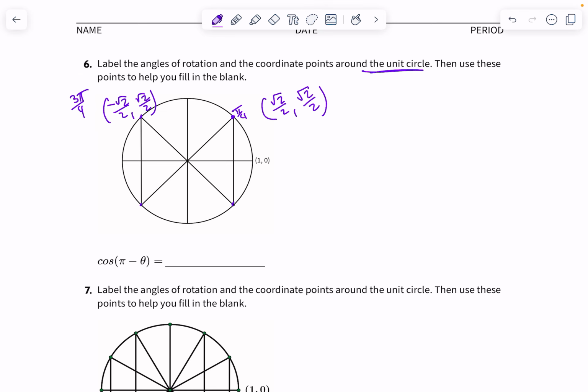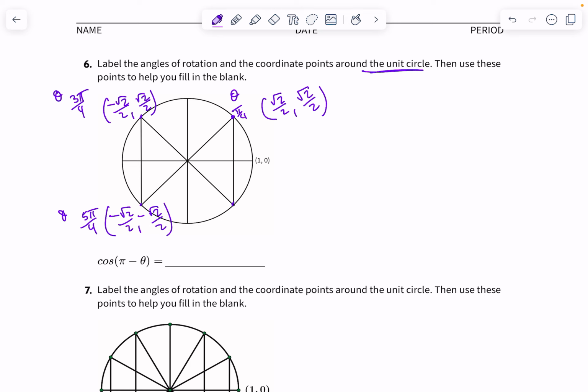Down here, we are at 5 pi over 4, that's my theta, and my point here is negative square root 2 over 2, comma, negative square root 2 over 2.